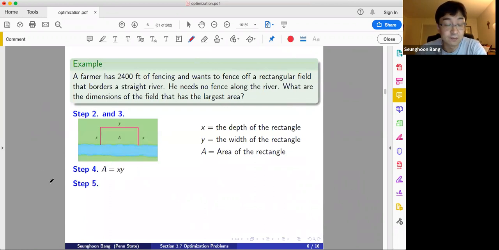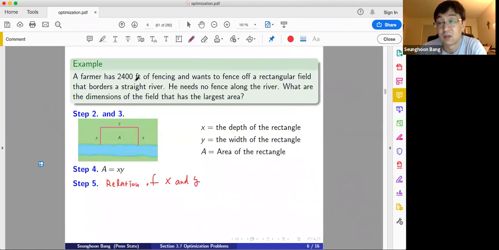Step 5 is you have to express A in terms of only one variable. You can express A as a function of one variable. How can you find it? You need to find the relation of X and Y. You can use the given information.